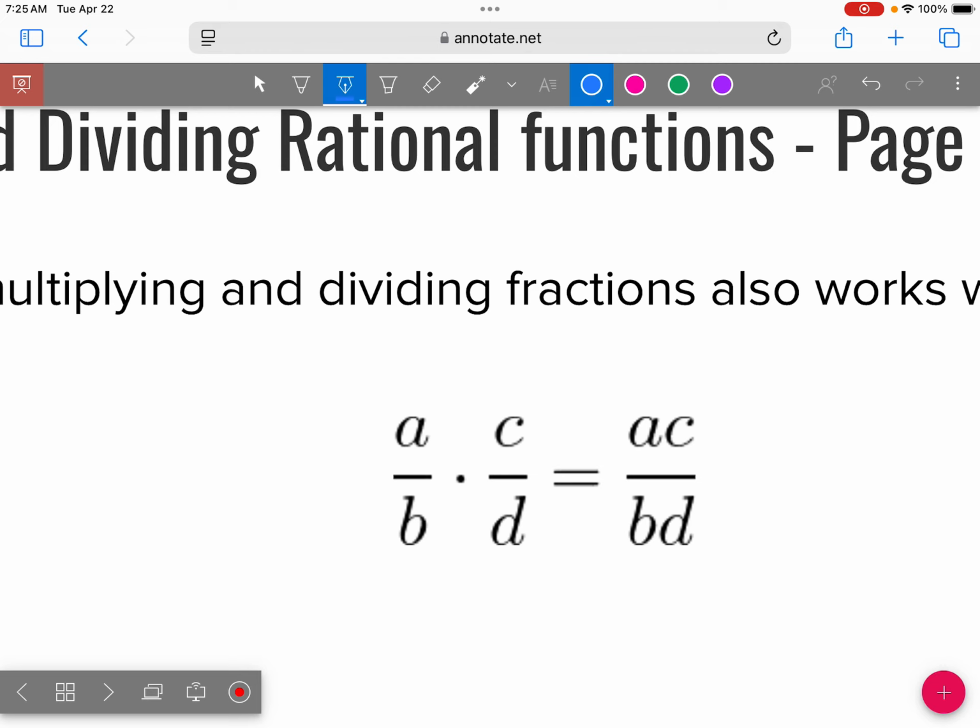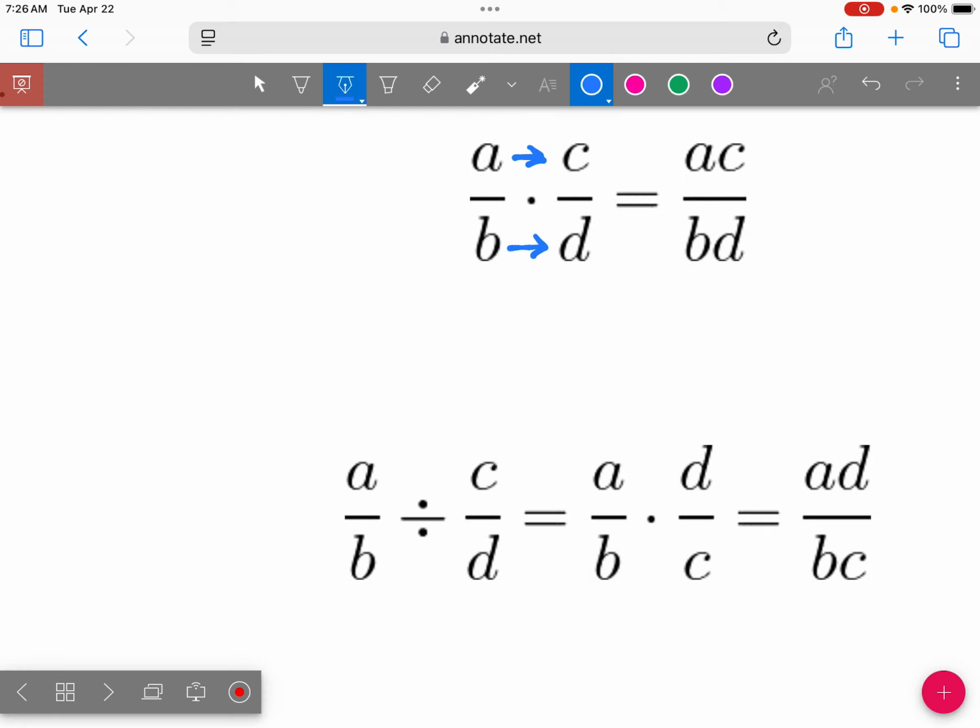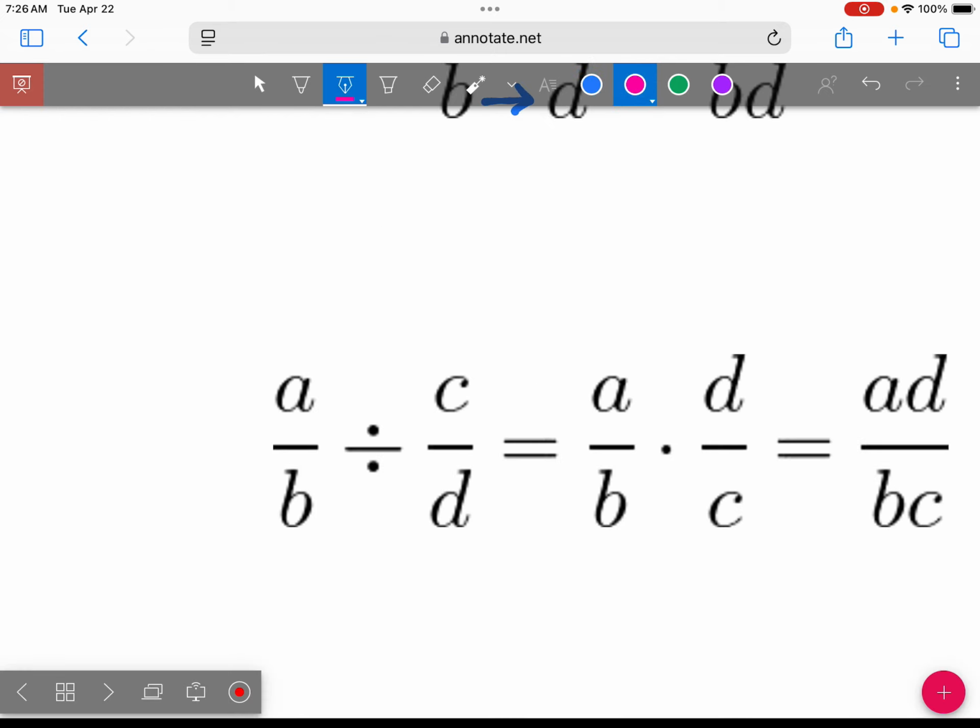When we are multiplying fractions, we multiply directly across. A times C, B times D. Those are both denominators. When we have our fraction division, we keep the first piece exactly the same over here. We change the sign from division to multiplication.